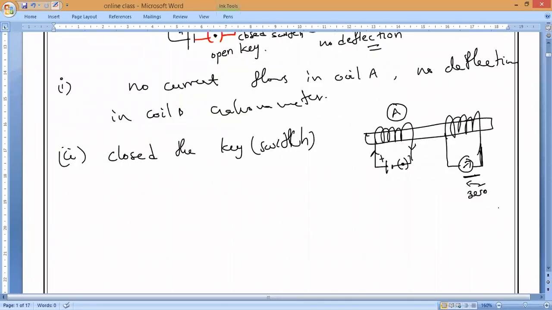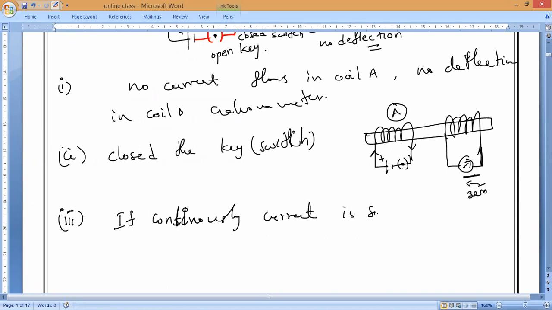Now even if you keep it on continuously, this is the second observation. What is the third observation? If the current is supplied continuously, understand everybody? Then what is happening?